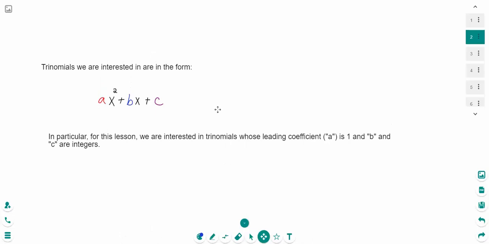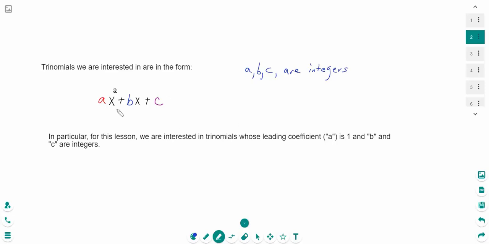We're going to be focusing on trinomials that are in this form: ax squared plus bx plus c, where a, b, and c are integers.